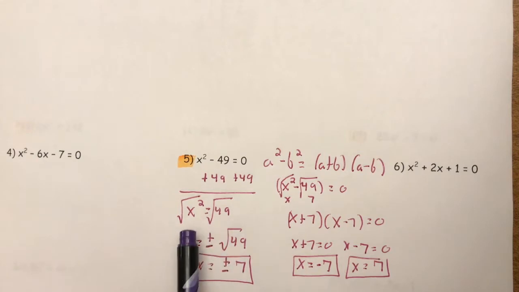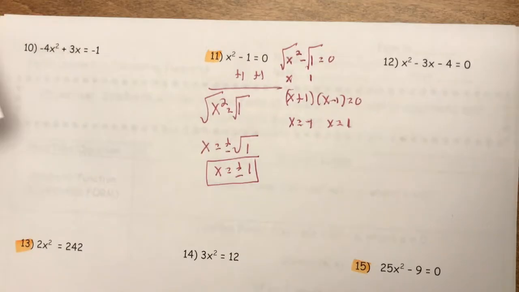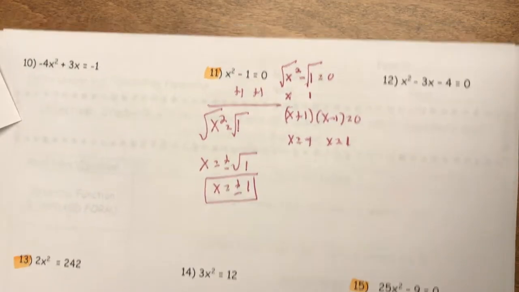Once we have it added, we can solve for x squared by taking the square root. And when we take the square root, we have to include both the positive and negative square root of 49. So my solutions are x equals plus and minus 7. You can see that no matter which way we do this, we will come up with the same set of solutions. Other problems that fall into this category are questions 11, 13, and 15.